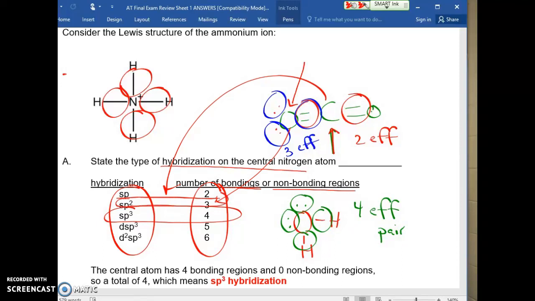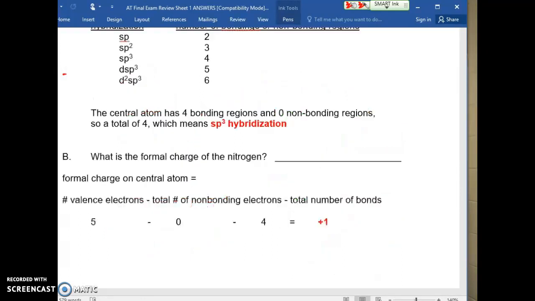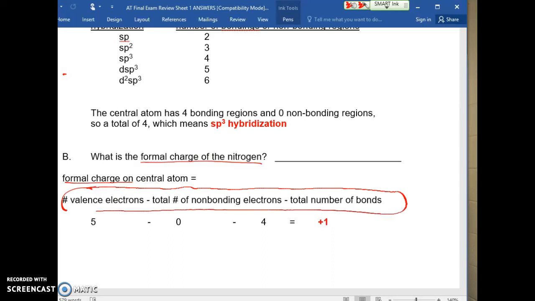The last question I think I have time for is part B, which asks for the formal charge on the nitrogen. Well, guys, this is a formula you need to come in knowing. The formal charge is equal to the number of valence electrons minus the total number of non-bonding electrons, and again minus the total number of bonds.